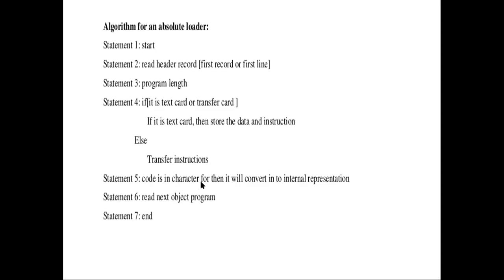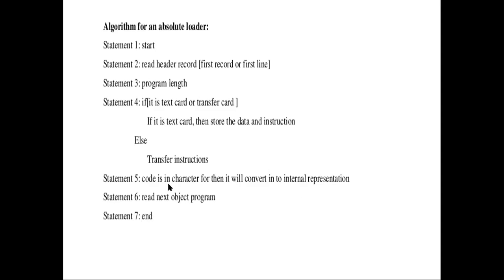But when we are storing the data into the memory, it has to be in the internal representation, that is hexadecimal representation. So convert the character representation in the cards to hexadecimal format. So we have done with the one object program, loaded with the one object program. Once we're done with the one object program loading into the memory, read the next object program. Like that, it will repeat and you can end.